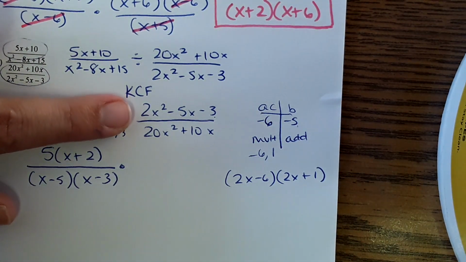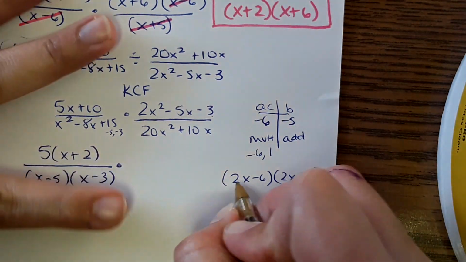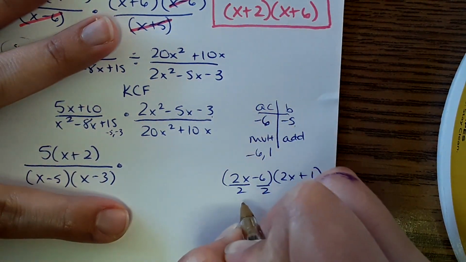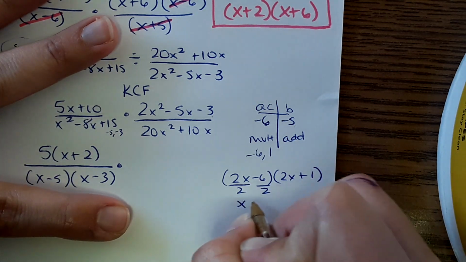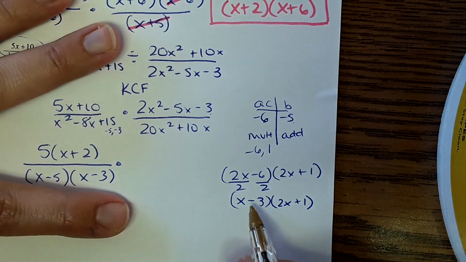Do y'all remember all this from a couple chapters back? Then take out a common factor to get these two.